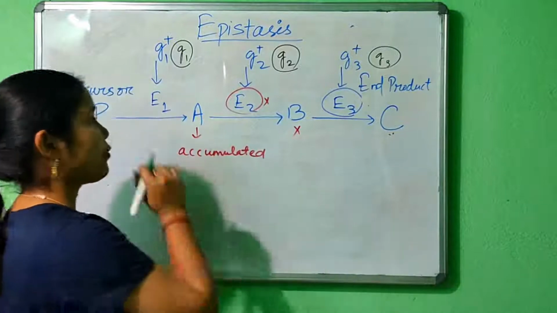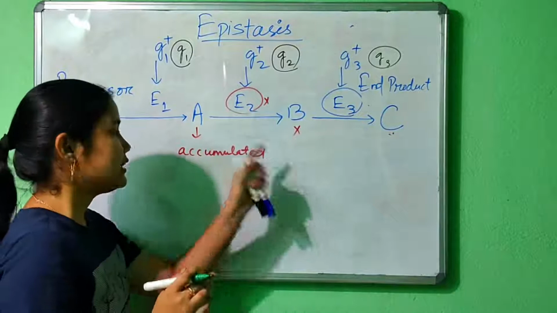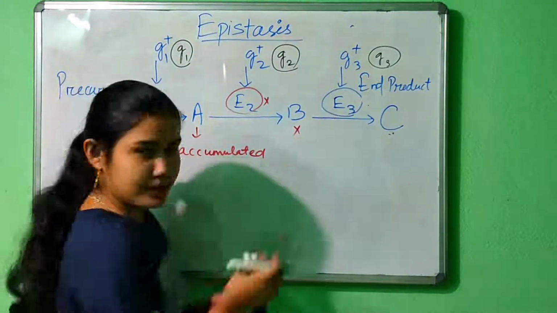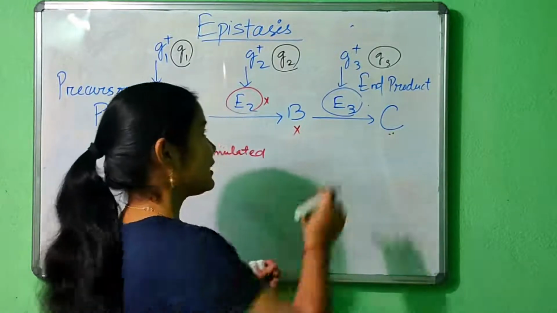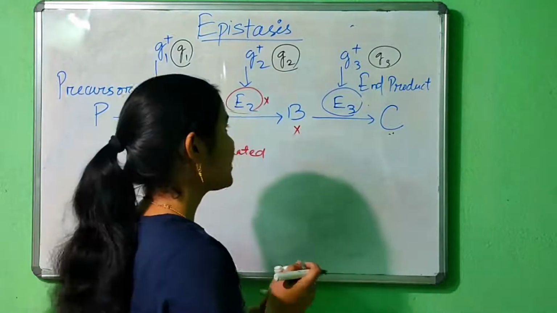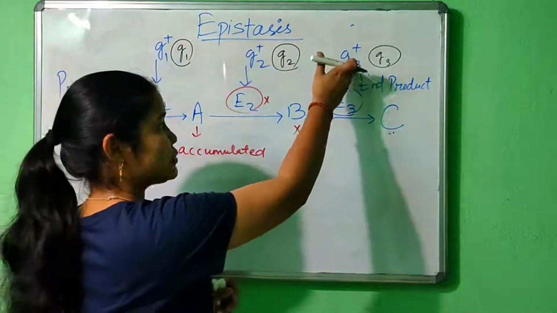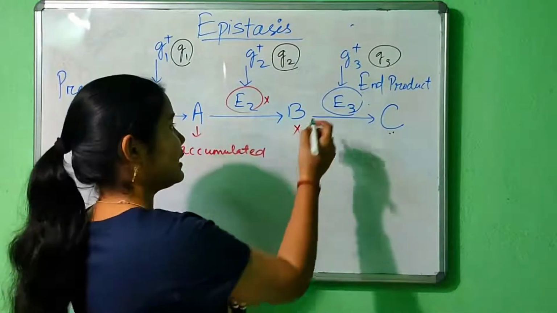Now, this one was faulty in the example, but this was not faulty. This is working properly. So this one is producing E3, right?